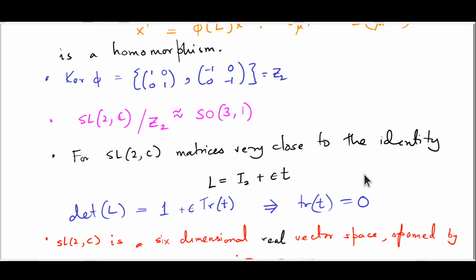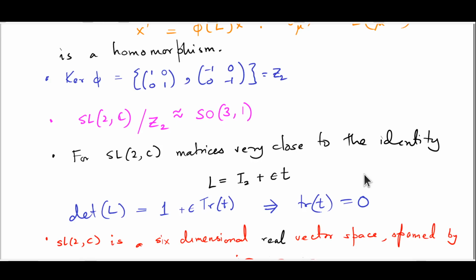These are all traceless matrices. It's pretty easy to see they form a vector space. They are 2 by 2 complex matrices, and small sl2C, this is a notation which stands for the Lie algebra corresponding to capital SL2C, is nothing but this vector space formed of all these traceless 2 by 2 matrices.